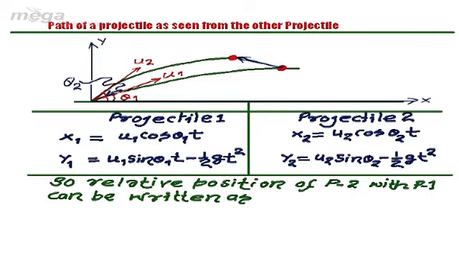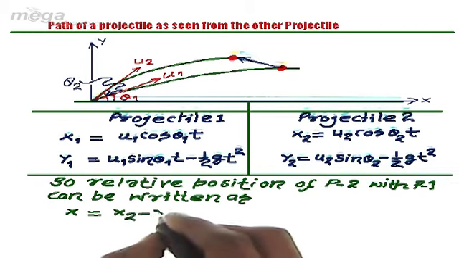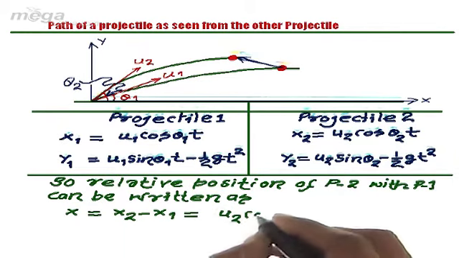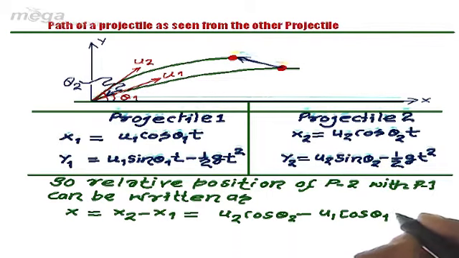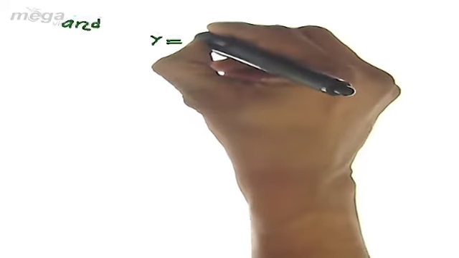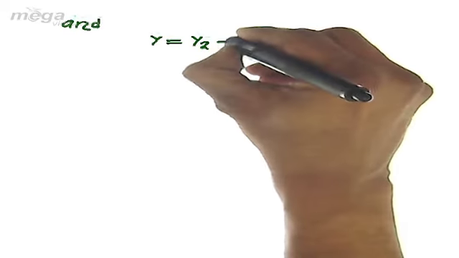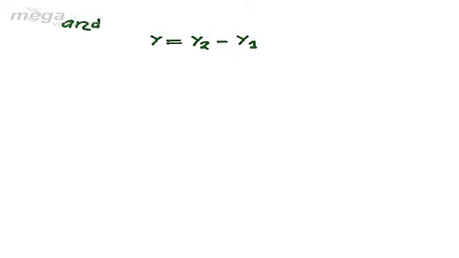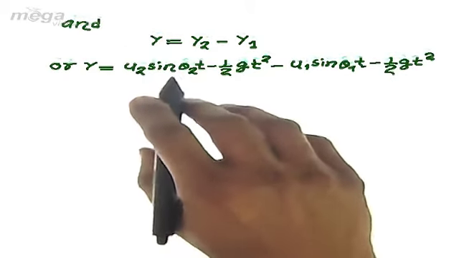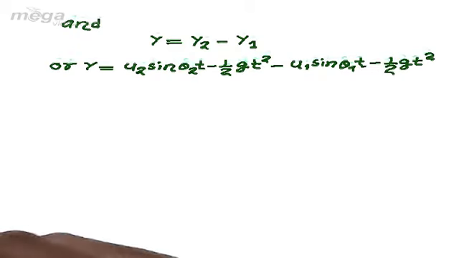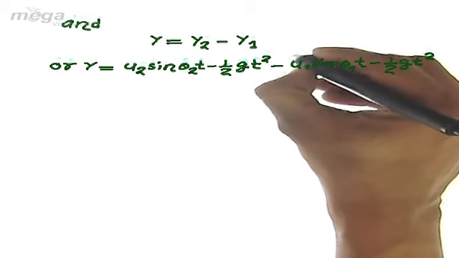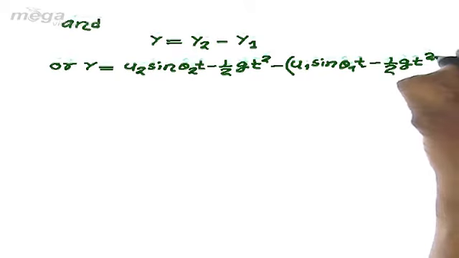So the relative position of projectile 2 with respect to projectile 1 can be written as x equal to x2 minus x1, or u2 cos theta 2 minus u1 cos theta 1 times t, and y equal to the y coordinate of the second projectile minus that of the first, or u2 sin theta 2 t minus half g t square minus u1 sin theta 1 t minus half g t square, but these terms are in brackets.